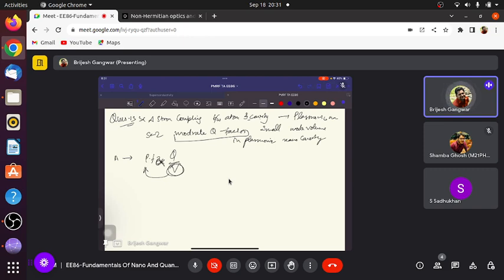So these are the correct explanation of S1. S1 is true and S2 is false. Or rather, S1 and S2 are true and S2 is the explanation of S1.